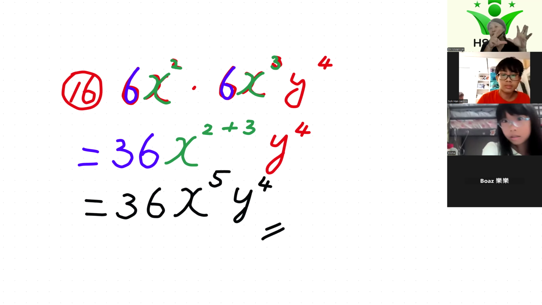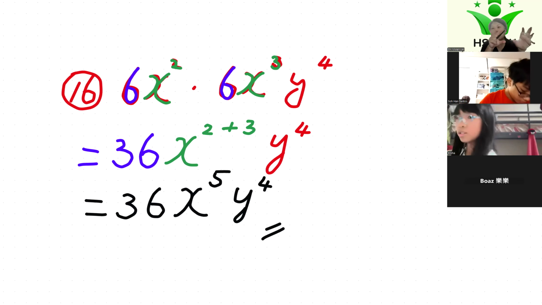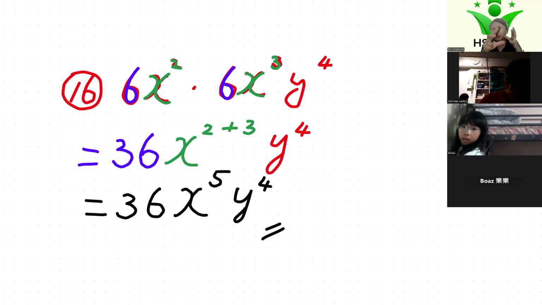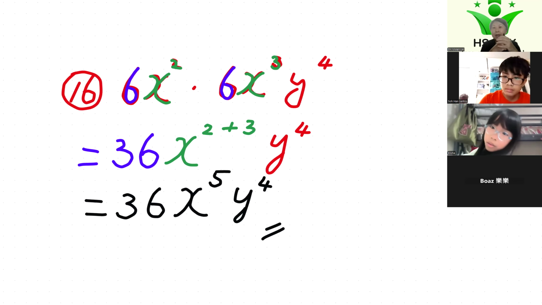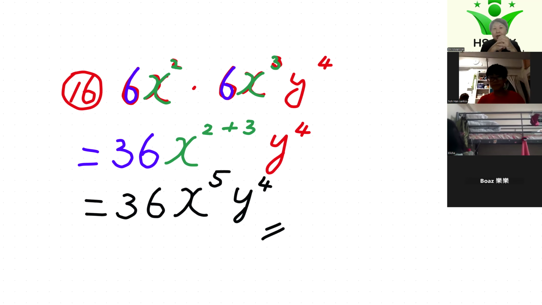I love to use color when I'm teaching because it's easier for you to understand, breaking down each part into different colors. You could buy a lot of color pens as well. When you copy the notes, you also use different colors to make yourself understand where each element comes from.